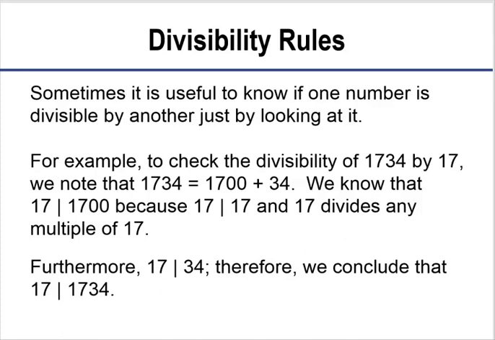And we know that 17 divides 34 because 17 divides into 34 twice. So when you break it up like that into a sum, if it divides each part, then it divides the entire number. So 17 does divide into 1,734.